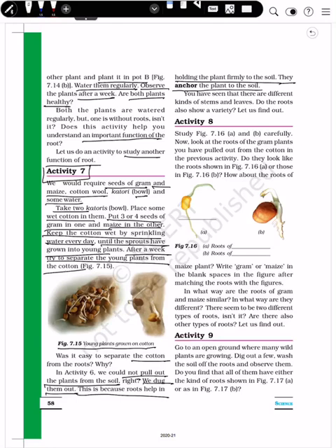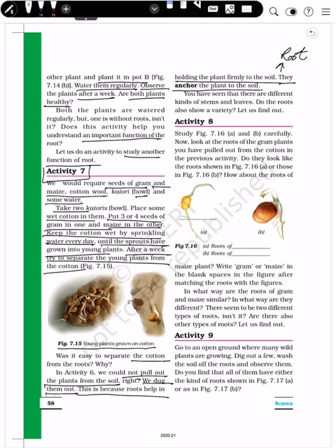So roots anchor the plant to the soil. So here we can see the important function of the root, that means they hold the plant firmly to the soil.